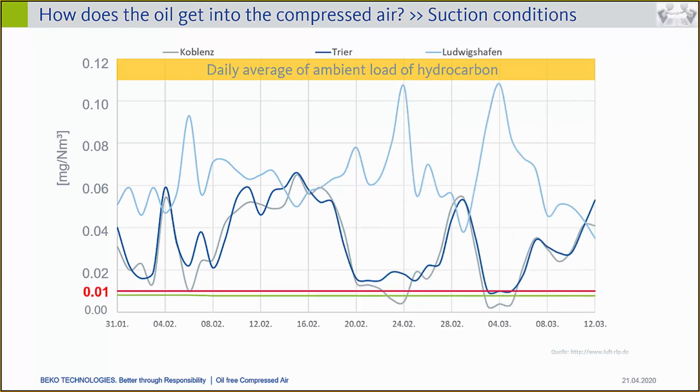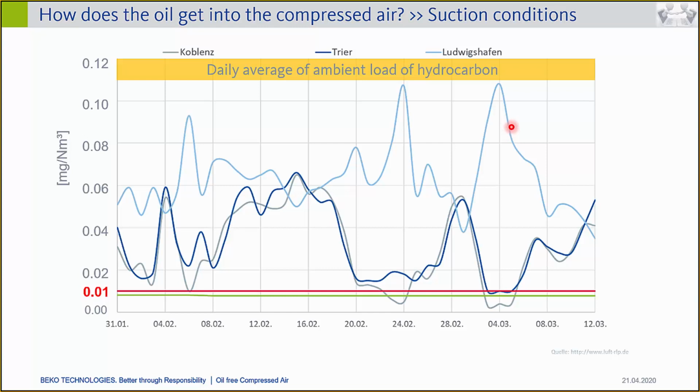The locations of the measurement were in three different cities: Ludwigshafen, Trier, and Koblenz. Koblenz and Trier are small cities in Germany located in a more countryside area, and Ludwigshafen is a typical industrial area with a harbor on the River Rhine with big ships and heavy industry, and that automatically means this kind of area has a higher pollution of hydrocarbon.